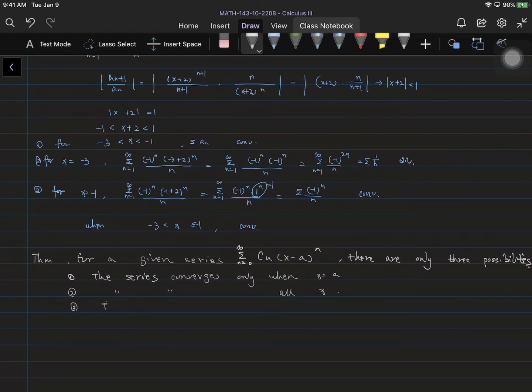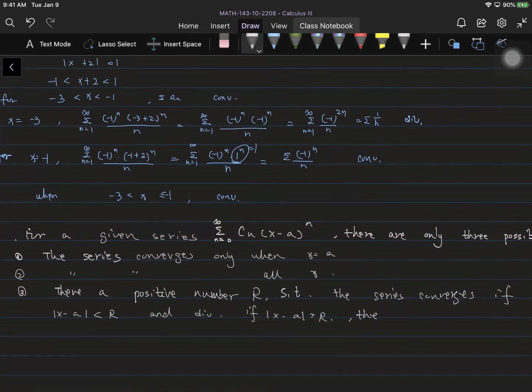Next, there is a positive number r such that the series converges if the absolute value of x minus a is less than r, and diverges if the absolute value of x minus a is greater than r, and the series may or may not converge at the endpoints.